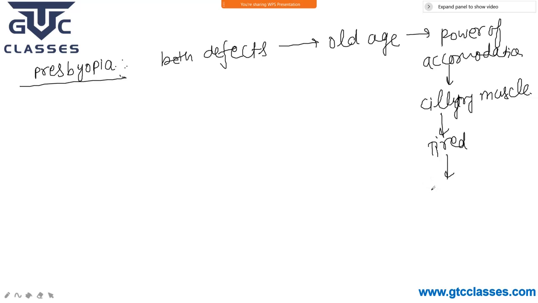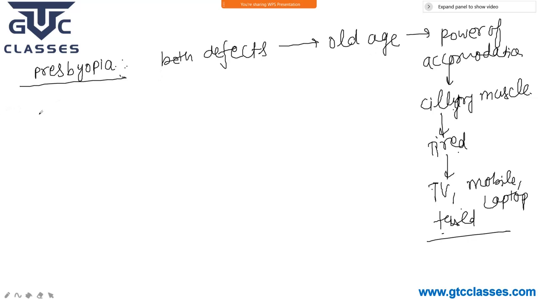Because you were watching so much TV, so much mobile, so much laptop. Correct? Or you were so much tensed. Anything. That's the reason. So because of this, your ciliary muscle got tired, and then your power of accommodation reduced. And by the time you become old, you start getting both the defects.